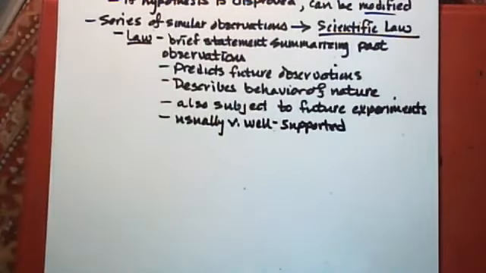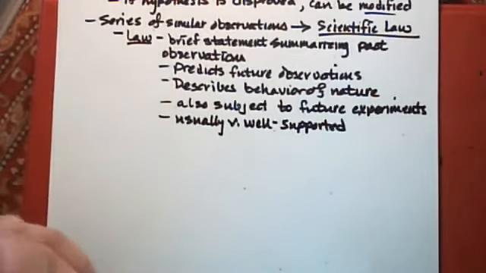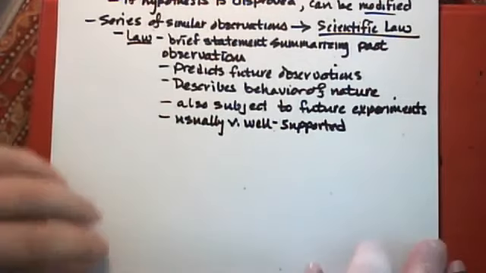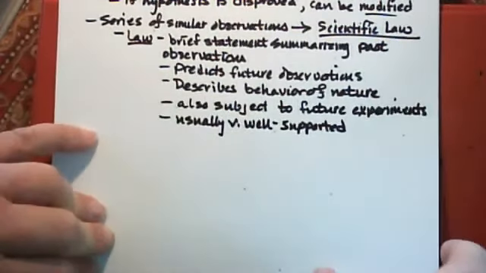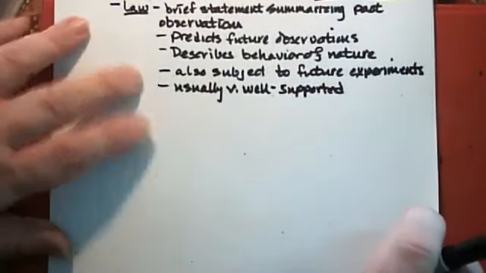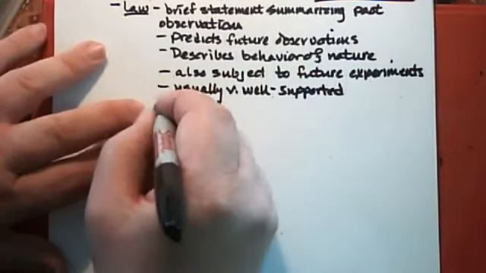But the fact is that laws are pretty definitive, and things are usually very well established and very well supported before they come to be called laws. So it's not very often that you see a significant revision of a scientific law.